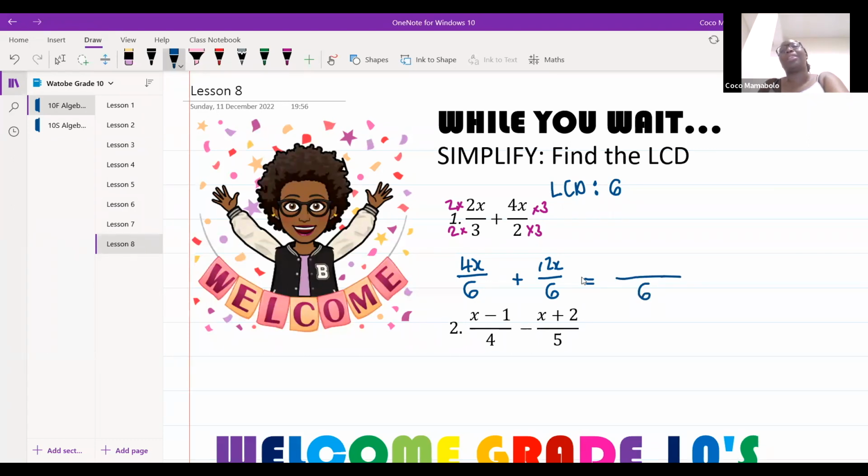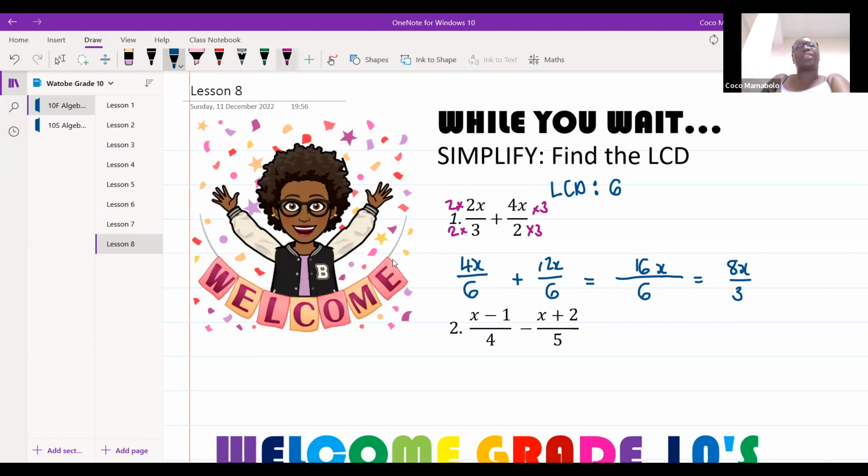Remember, keep the denominator exactly the way it is. 4x plus 12x is going to give me 16x. Oh, I'm lying. Okay, 16x, and then I just need to simplify the numbers because 2 can go into both 16 and 6, so my answer should be 8x over 3, and that's the answer I was looking for.